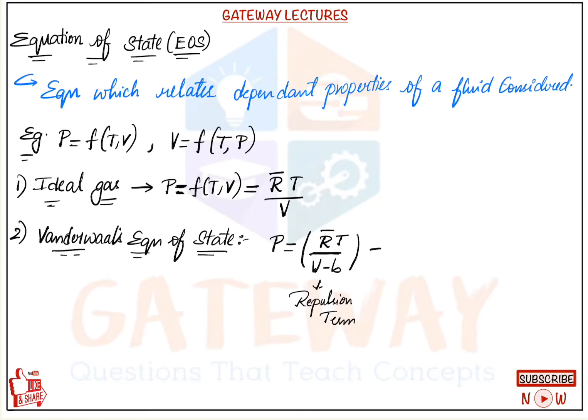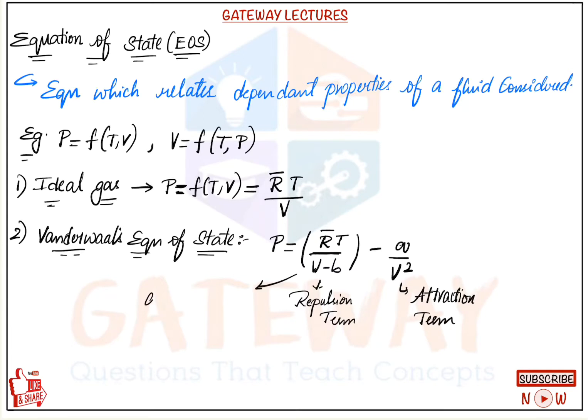And he subtracted the attraction term. Since there will be attractions and repulsions, if it is repulsion, it should be added to pressure, and if it is attraction, it should be subtracted from pressure, and it is given as A by V square. See here, if you can observe, this is the attraction term.